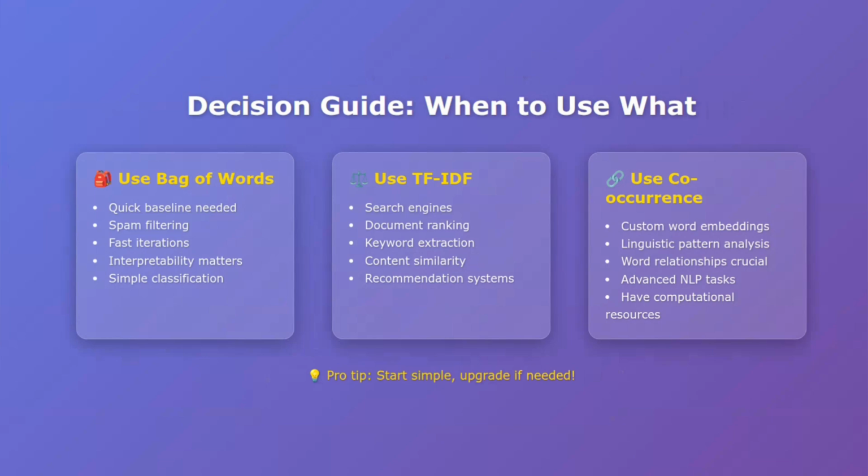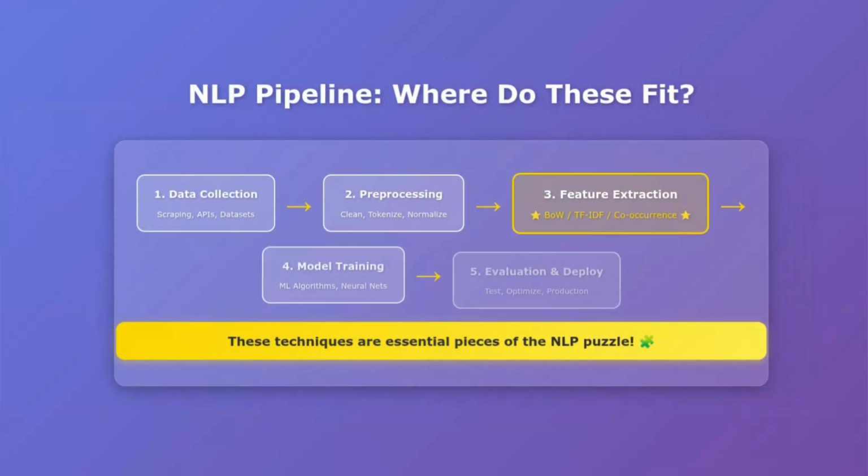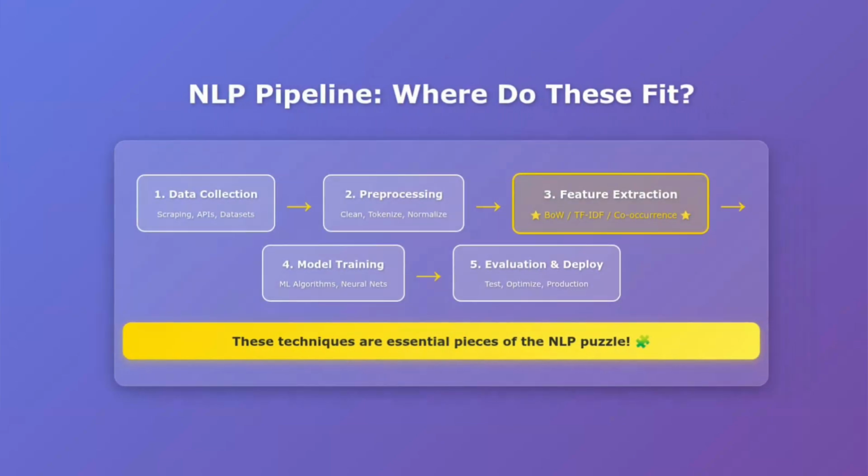Just make sure you have the computational resources to handle it. In practice, you often start with BoW or TF-IDF and only move to co-occurrence if you need that extra contextual power. Let's zoom out and see where these techniques fit in a real NLP project.